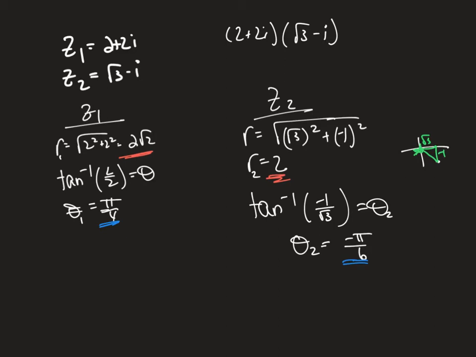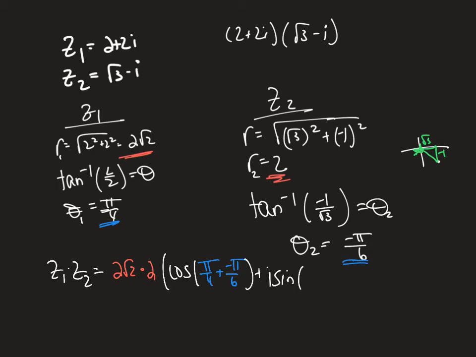Okay. So what you do when you are doing the actual product, so Z1 times Z2, it's going to equal, all right, you take your R1 times your R2, so you take your R's, so 2 radical 2 times 2, right, times the cosine of, and then you add your angles, pi over 4 plus negative pi over 6, plus i sine, and same thing, pi over 4 plus negative pi over 6.